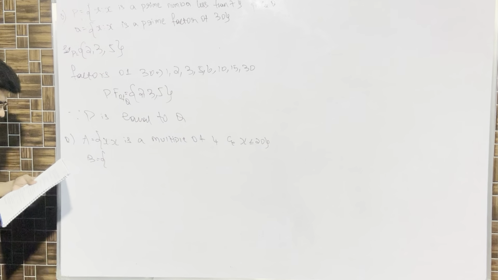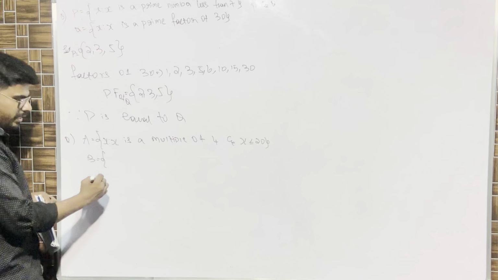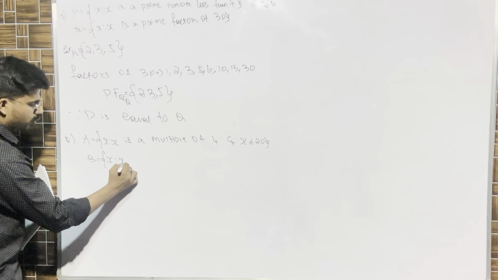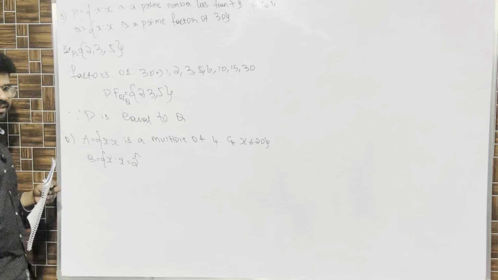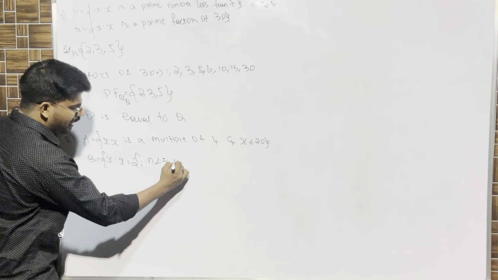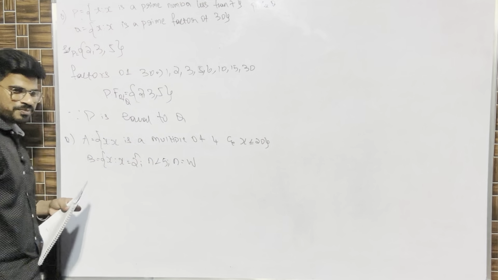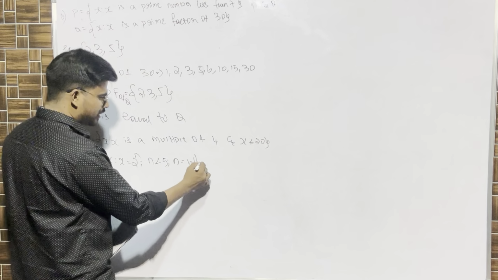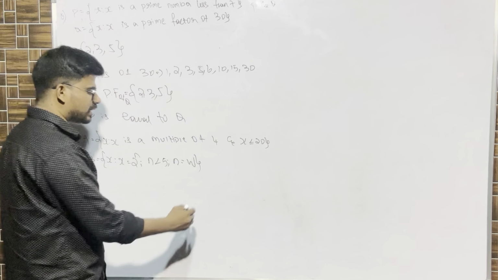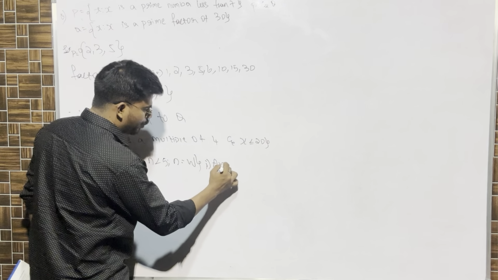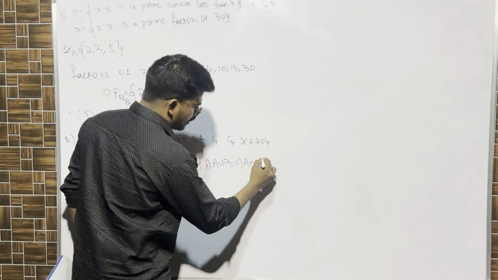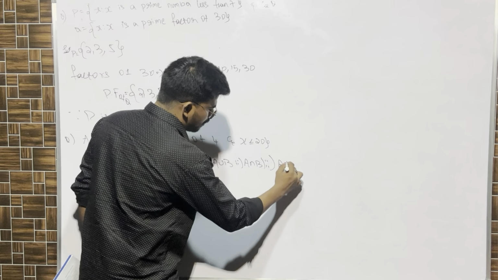B is a set wherein X is a variable such that X is equal to 2 power n, n is less than 5, n belongs to W, whole numbers. From this you have to find A union B, A intersection B, A minus B.